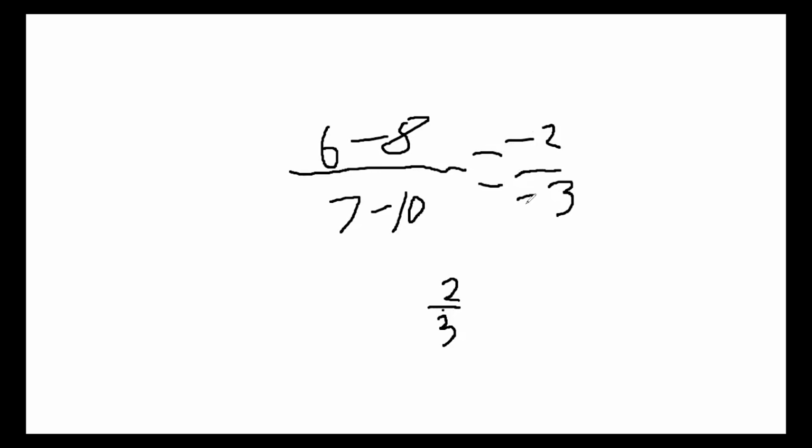If there's only one negative on the top or the bottom, then the whole answer is negative. If there's a negative for the top and the bottom, then they cancel each other out, and then the answer is positive.